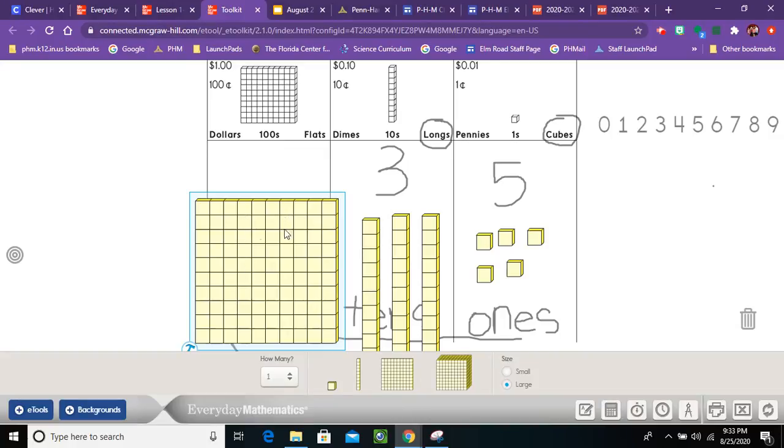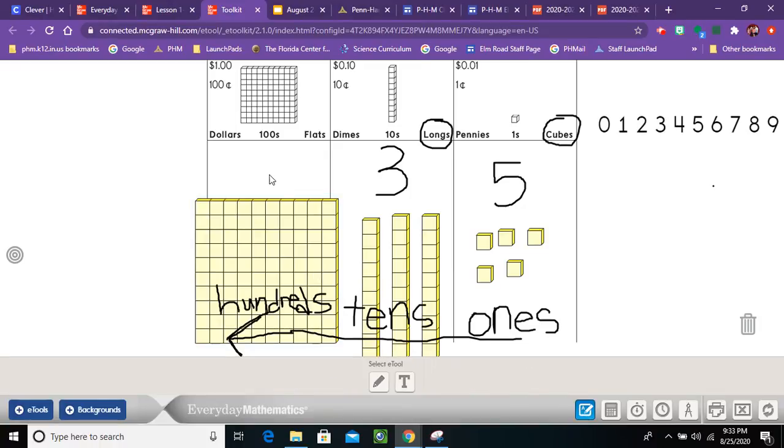Because I have 1 group of 100 cubes, I am going to use my place value and say that I have 1 group of 100, and that is called a flat.